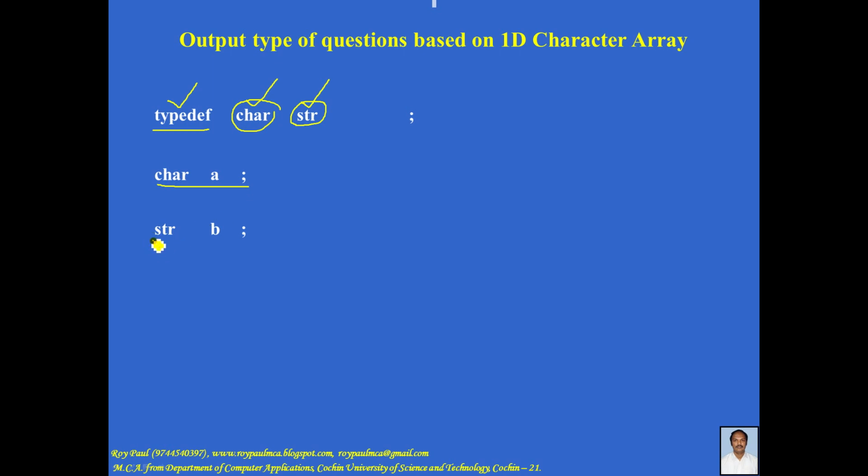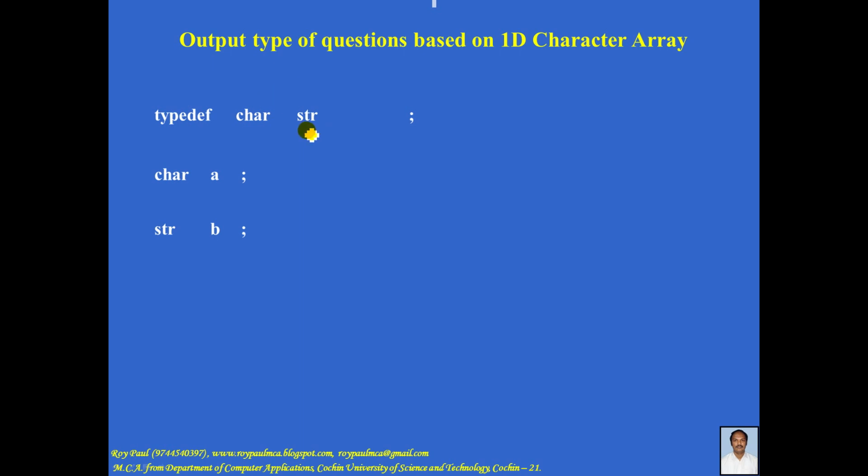Or you can write like this, str followed by b, because what this statement does is make str another name for the already existing data type char. So typedef is a mechanism to give another name to an already existing data type.